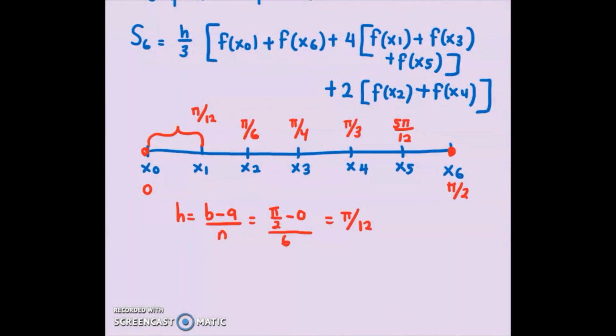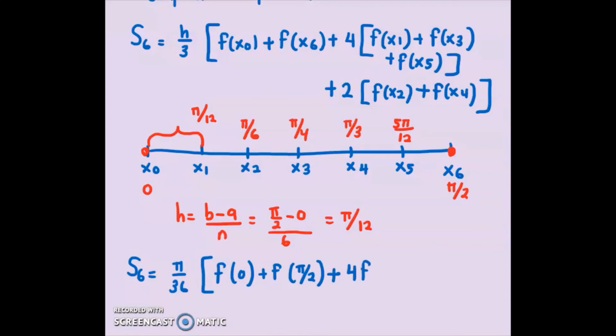Okay, now the method is putting these into the formula and calculating. We have pi over 12 divided by 3, so we have pi over 36, times f of 0, where x0 is 0, and xn is pi over 2, plus 4 times f of x1, pi over 12, plus 4 times f of x3.